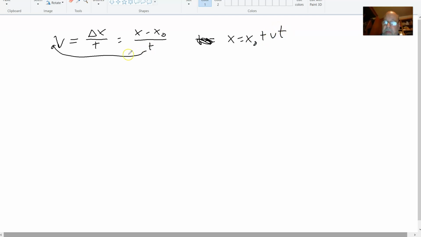Okay, so we moved the t over there, and then we added this over there as well, and we were left with x equals x0 plus vt.